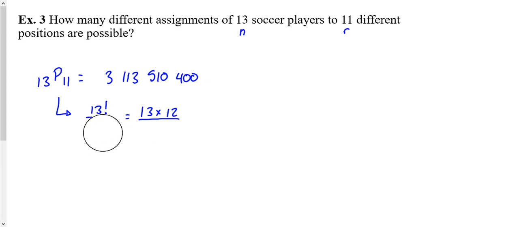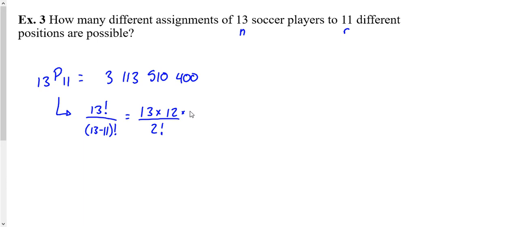I am missing my subtraction. Ooh, that was way too big. Let's try that again. So this is now going to be 13 minus 11 factorial, which of course is just 2.